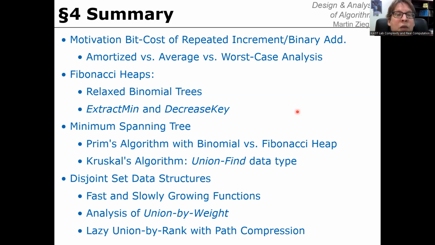We discussed how to implement the extract-min and decrease key operations in Fibonacci heap, and we analyzed the amortized cost using 2 bank accounts in our metaphor.